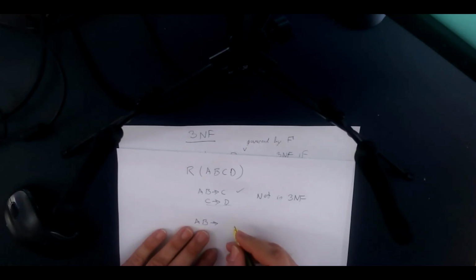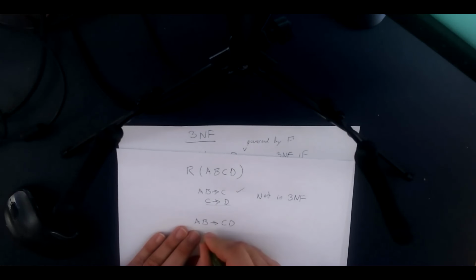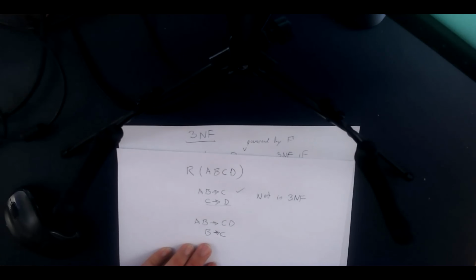Just in time, let's do another one here. AB goes to CD and B goes to C. Is this in 3NF? This comes up a lot in the real world.